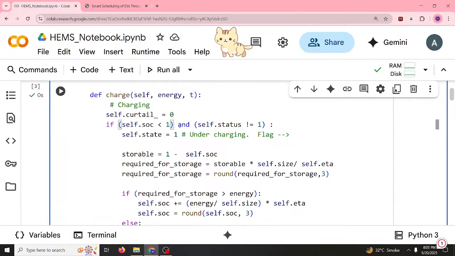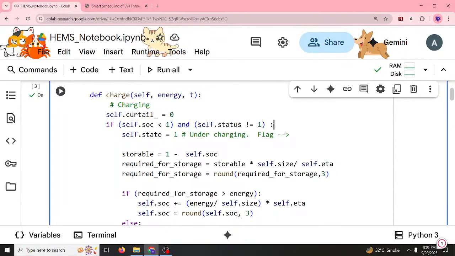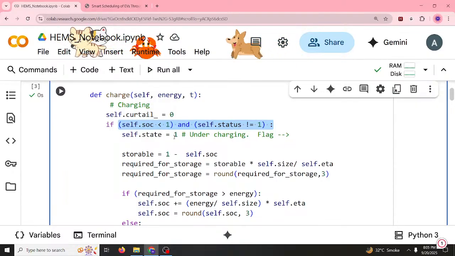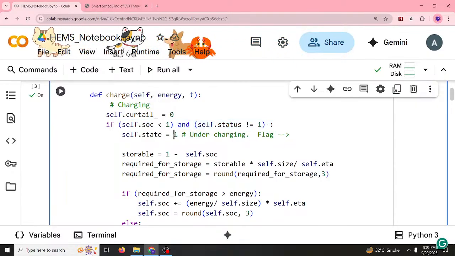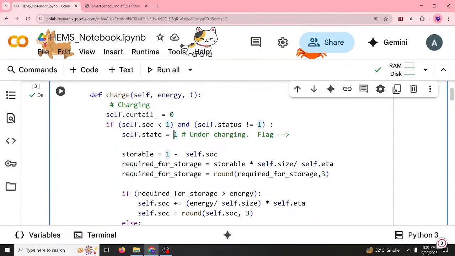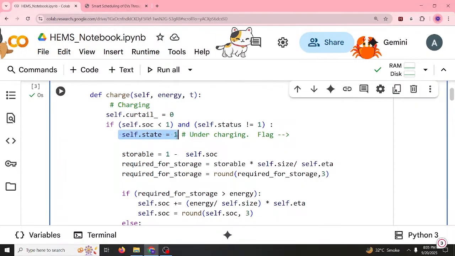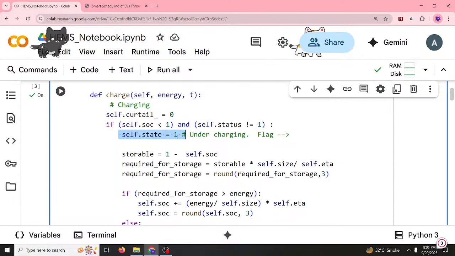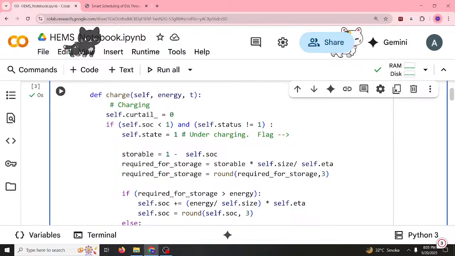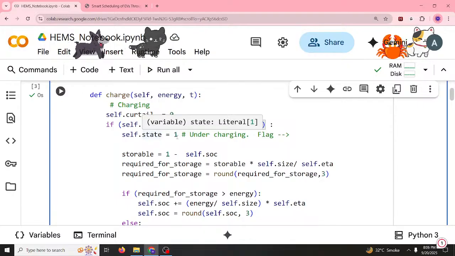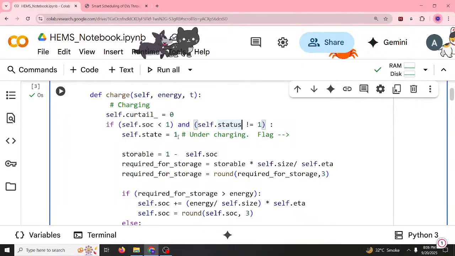If the battery is not full and the battery status is not full, these are almost the same, but both conditions are checked to keep the model from going into the charging and discharging states simultaneously, because if a battery is under charge, that is state 1, it may not discharge if it is not full. So status tells us whether the battery is under charging or discharging.